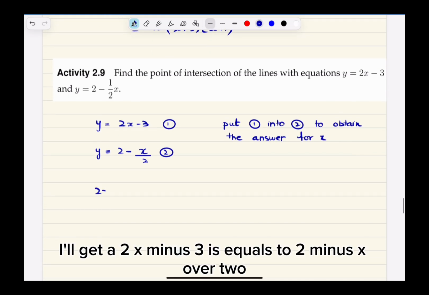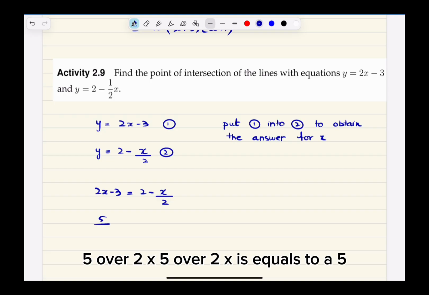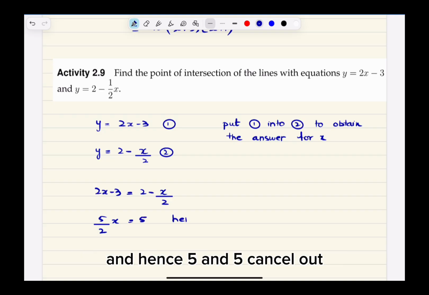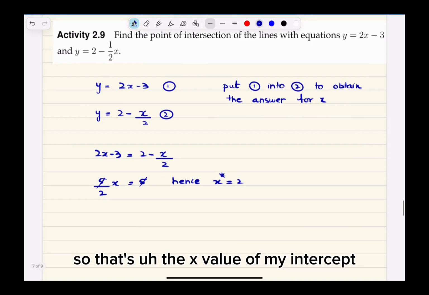I'll get 2x minus 3 equals 2 minus x over 2, and therefore I have 5 over 2 x equals 5, and hence the 5s cancel out. I'll get x equals 2. So that's the x value of my intersection.